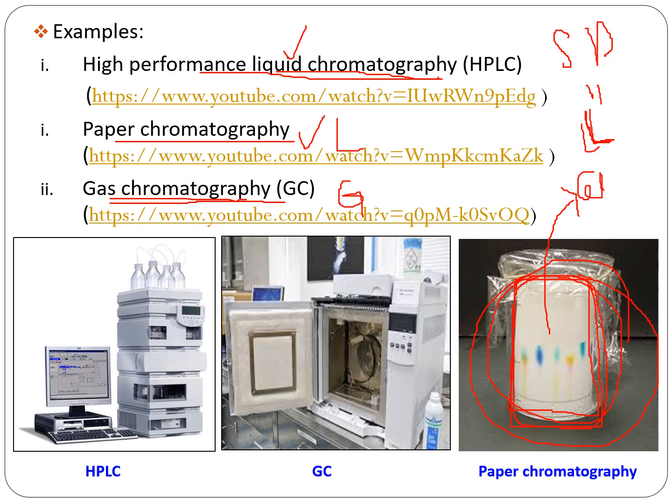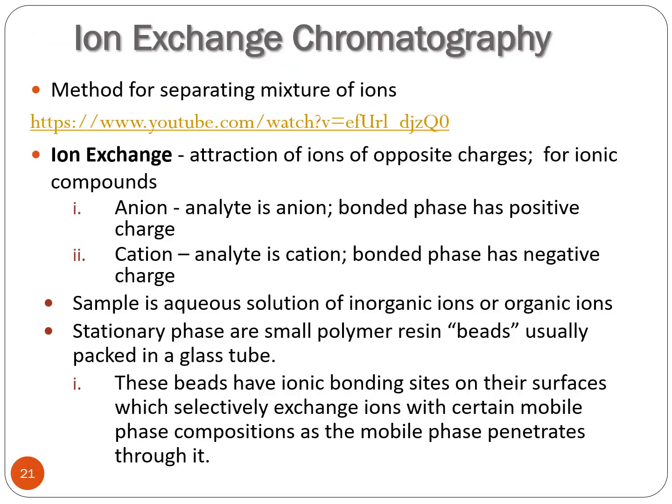solid support. Okay, for ion exchange chromatography, it is method for separating mixture of ion. Okay, boleh tengok link YouTube ni untuk lagi faham. Okay, untuk anion exchange chromatography, kita punya analyte adalah anion dan dia punya stationary phase has positive charge. While for cation exchange chromatography, analyte adalah cation and the stationary phase has negative charge.